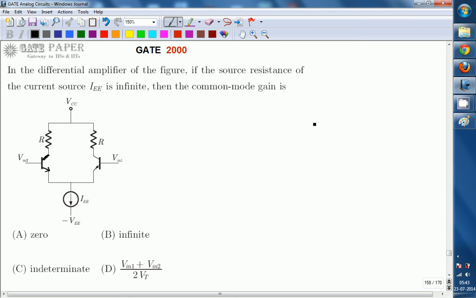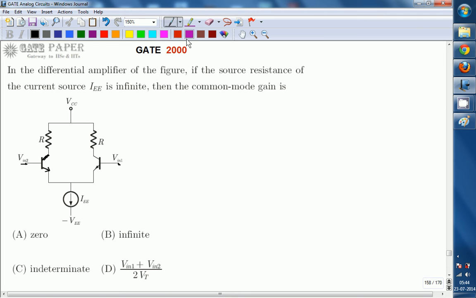First of all, you should know the purpose of a differential amplifier. A differential amplifier always amplifies the difference between the two inputs. These are the two inputs of the differential amplifier, one is Vin1, the other is Vin2. The difference between these two inputs will be amplified, and if you apply any common signal to both inputs, the output is 0.